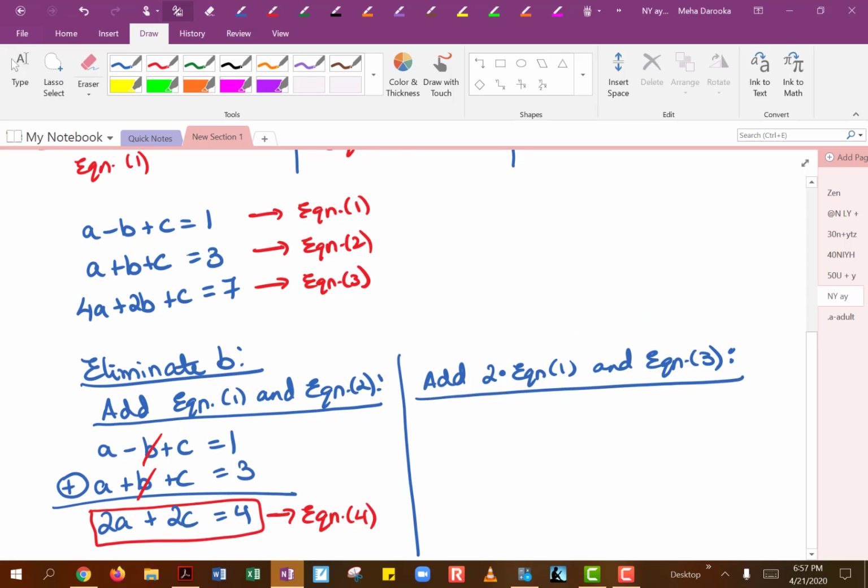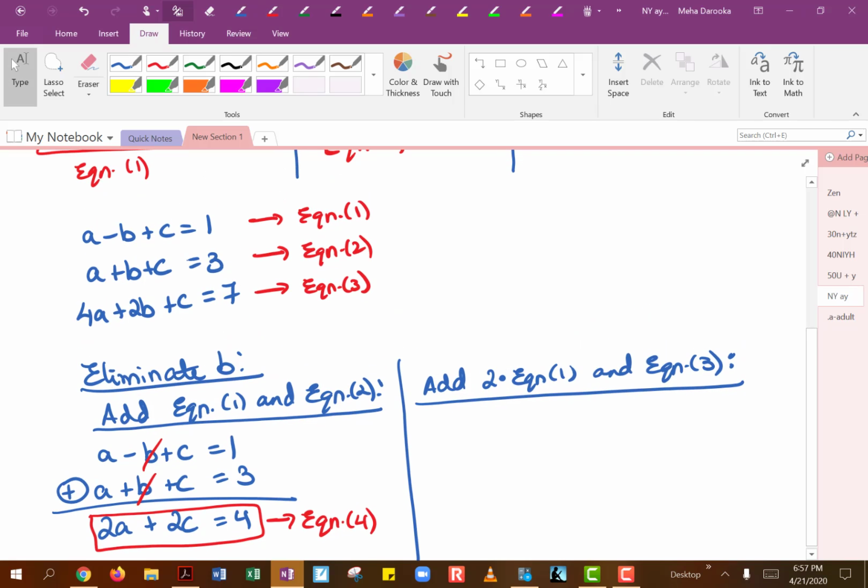So when you do 2 times equation 1, and let's do that over here, 2 times equation 1 will end up giving us 2a minus 2b plus 2c equals 2, right?